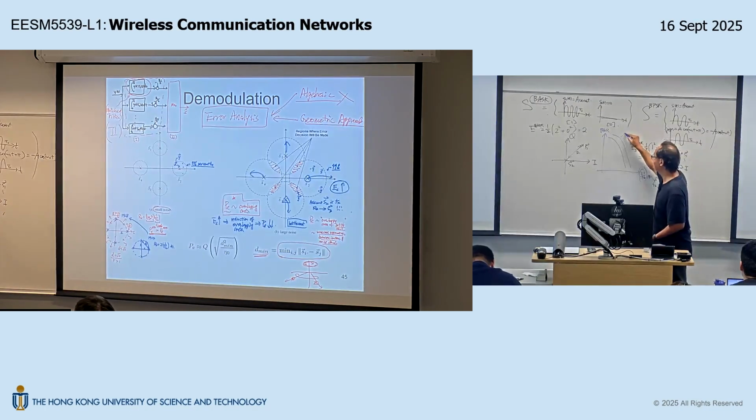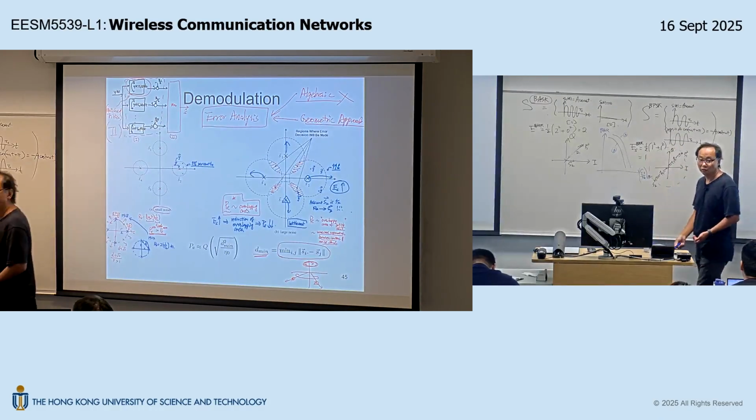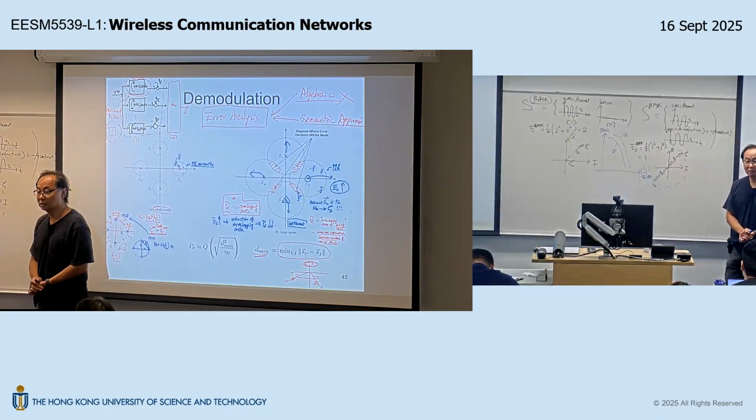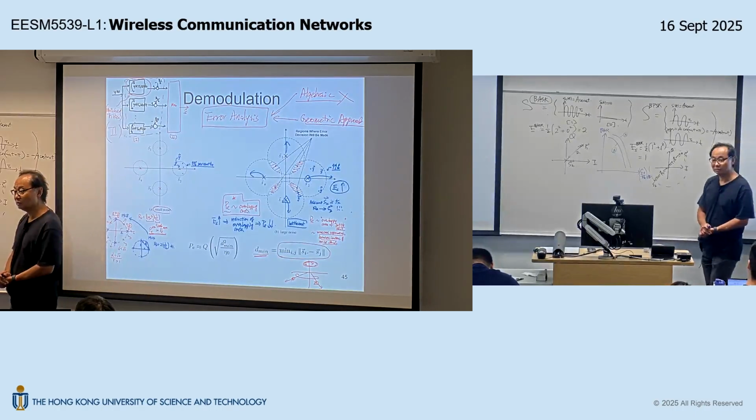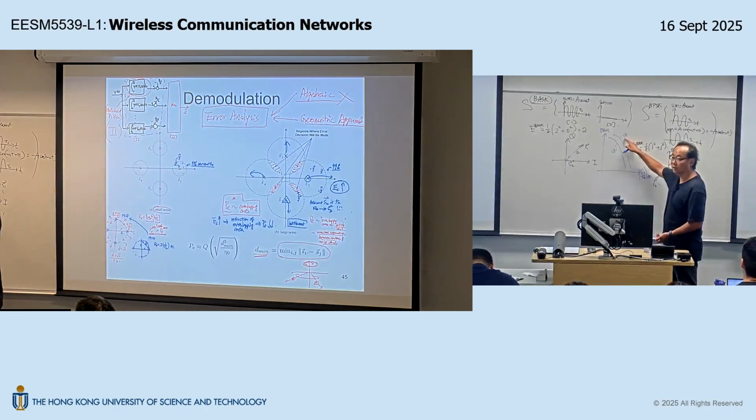Let me label it. This is A, this is B. Which curve corresponds to BASK? A or B? BASK. This should be A, right? Because how do we read this?